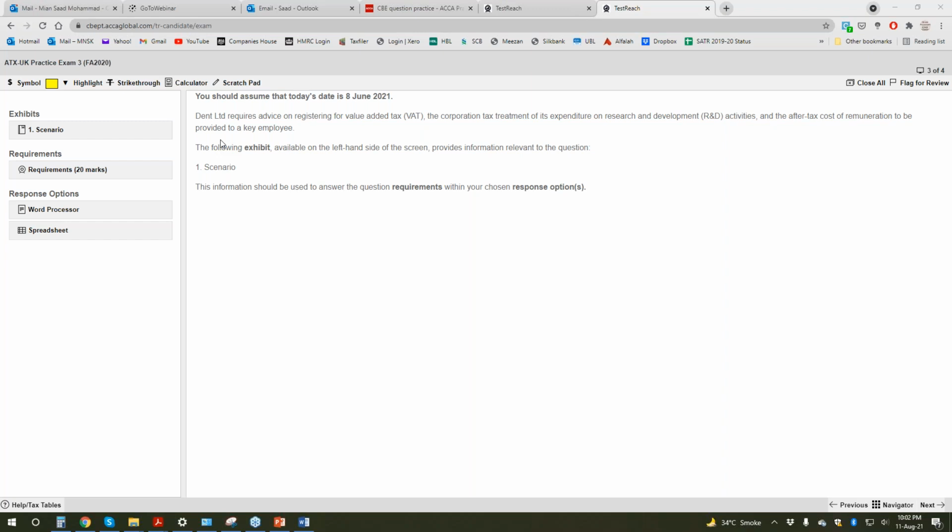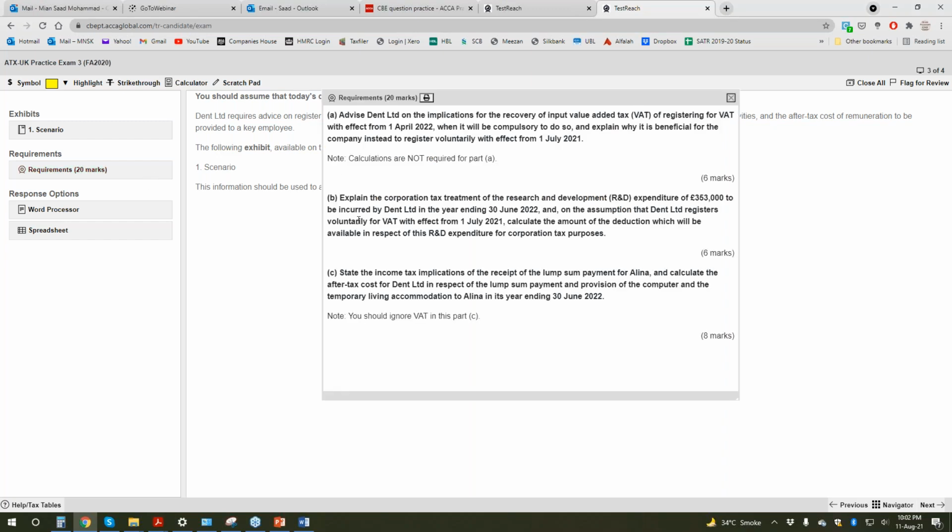Guys, I have intentionally selected both questions that have more weightage toward corporation tax because the questions that I selected for the first 2 days have a lesser chunk of corporation tax. So that is why I have dedicated the third day to corporation tax. Now, let's read the requirement first.